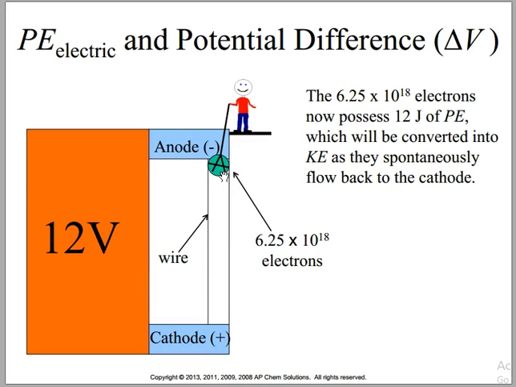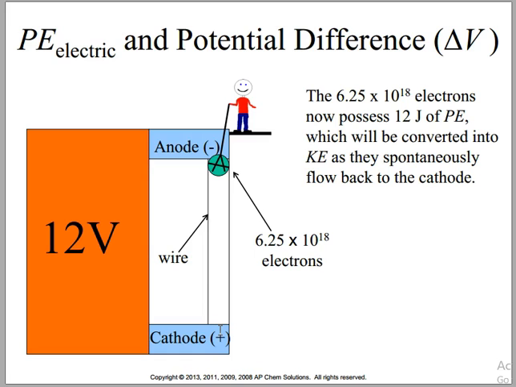When those electrons get to the anode, they have reached their maximum potential energy. Then if we drop those electrons, it would be equal to 2 coulombs of charge from the anode to the cathode. Okay? So 24 joules of potential energy would be converted into kinetic energy.